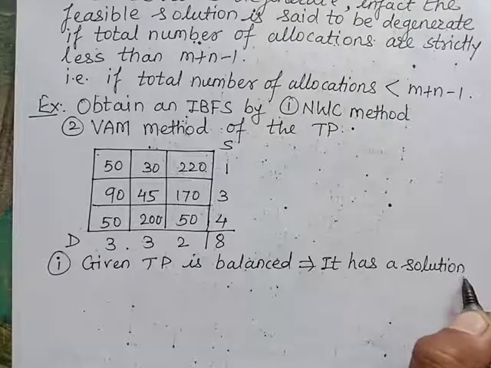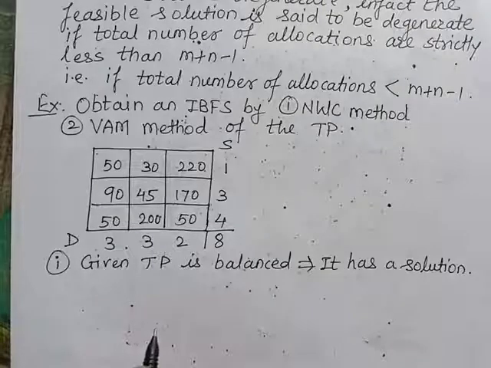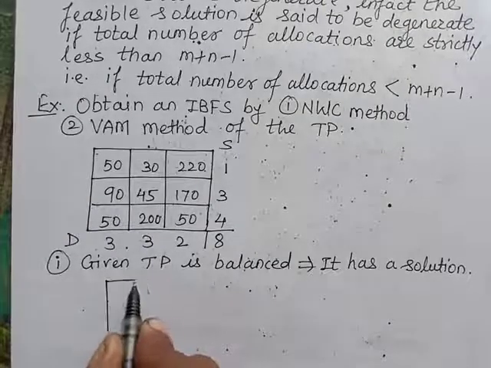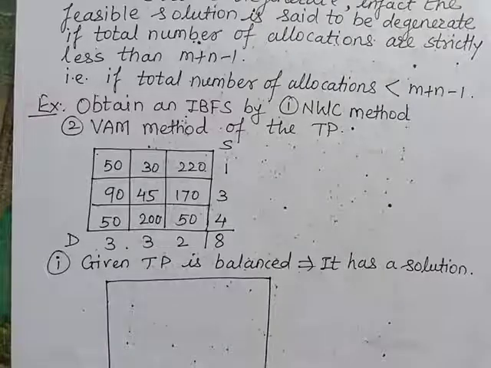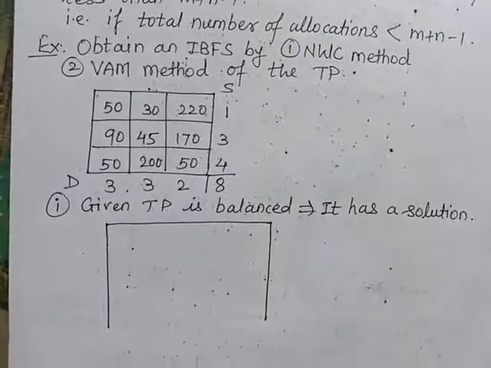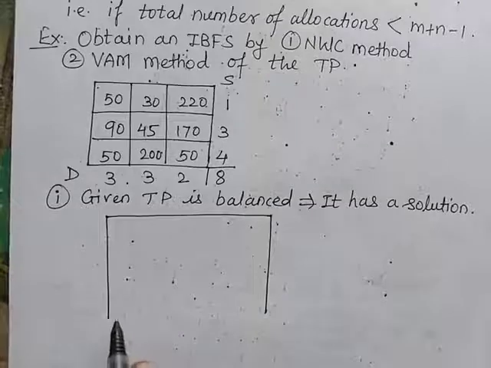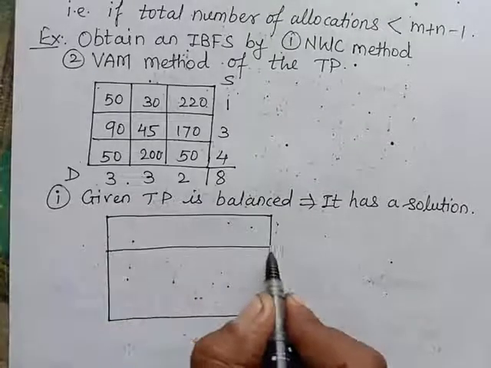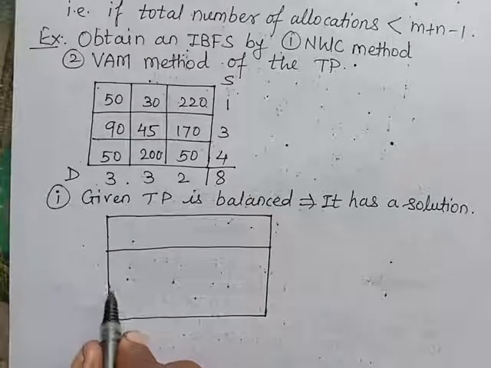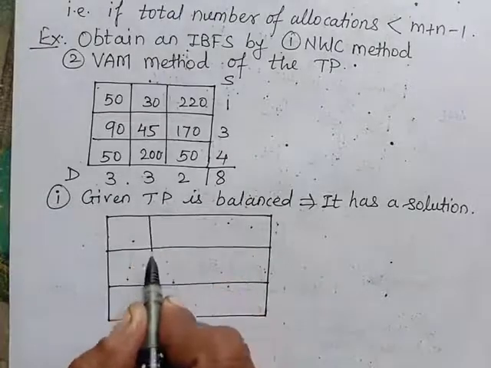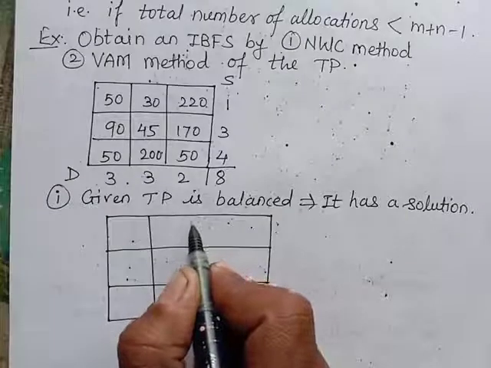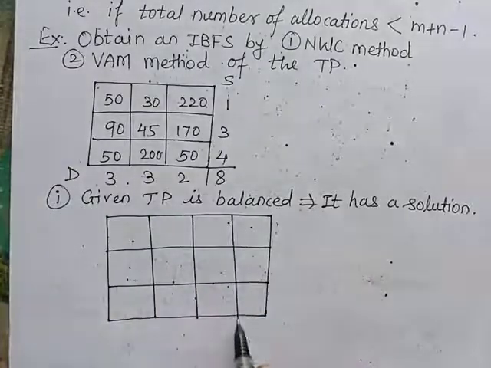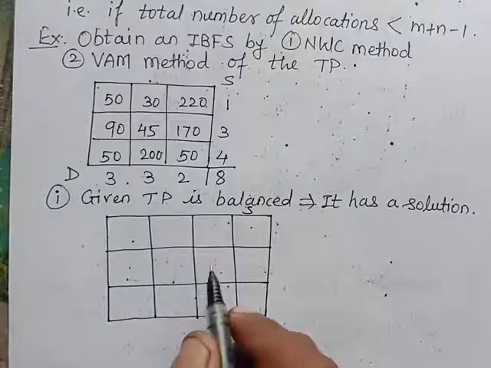So, by the northwest corner method, the first allocation is from the northwest corner, that is cell 1 1. So I won't write that part. If you want, you can write down that part also. It is not required to write that now, as you are familiar with that one now.